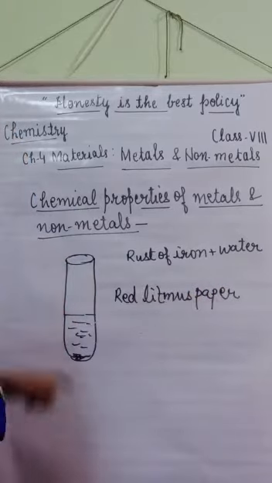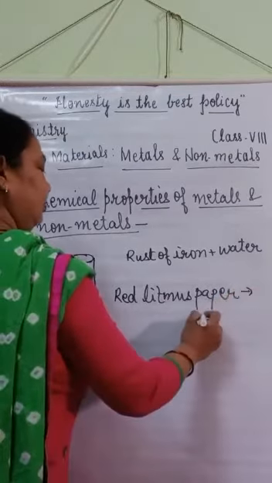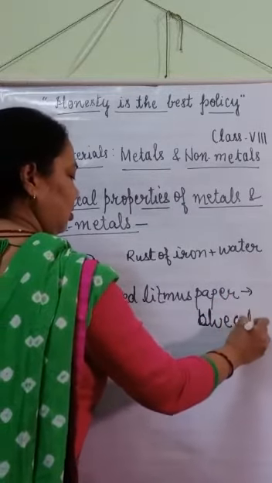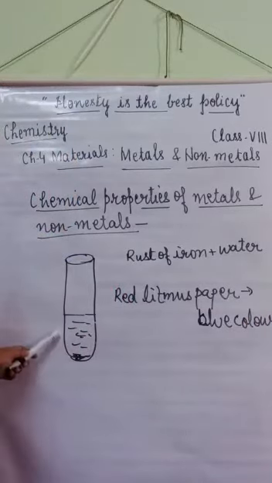When we dip red litmus paper in this solution, the color of the red litmus paper changes into blue. This shows that this solution is basic in nature.